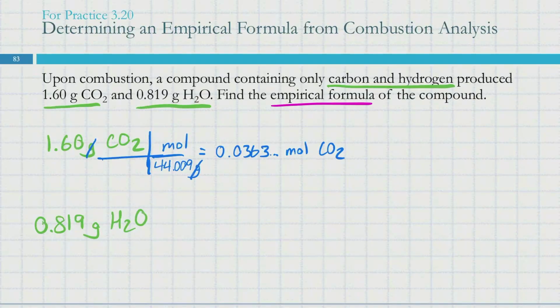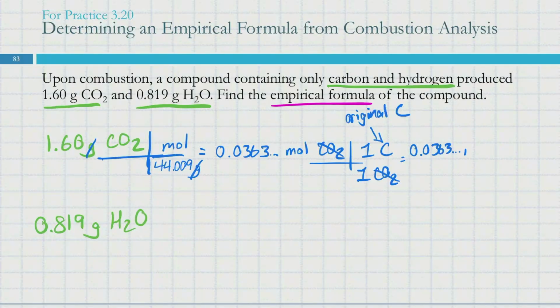Well, in CO2, what's our subscript on carbon? It's 1, so we would have started with the same number of moles of carbon. So we're figuring out the original amount of carbon that we had. We would have burned this amount of moles of carbon.